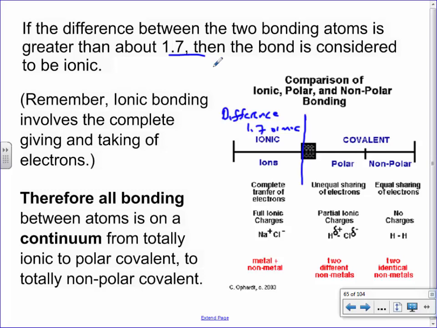If it's around 1.7 or 1.6, that's that gray area. There are actually some bonds I can show you later. One of them is silicon dioxide. It's an awkward one, where silicon dioxide is supposed to be ionic, but it's really more covalent, because its electronegativity difference is right in that gray area.